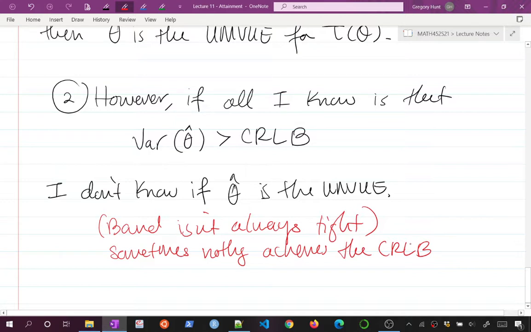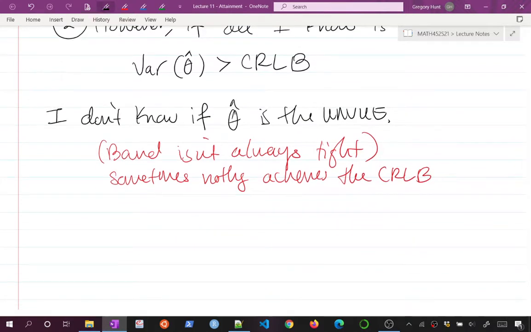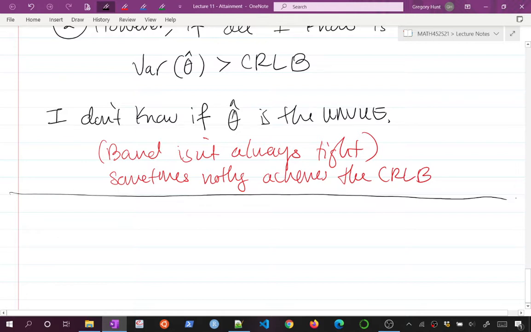So this is going to spur the discussion for the rest of the lecture and into the next lecture. First of all, how can we tell when we're going to get a situation where it does achieve the bound? Is there something we know in advance that can help us with this, rather than having to derive the bound every time?